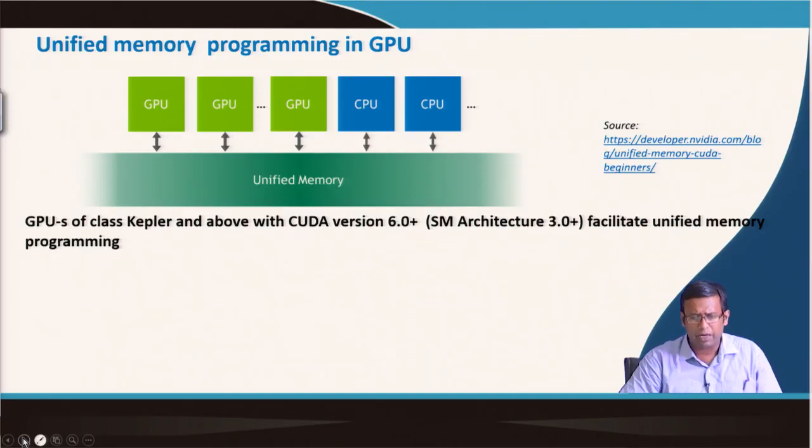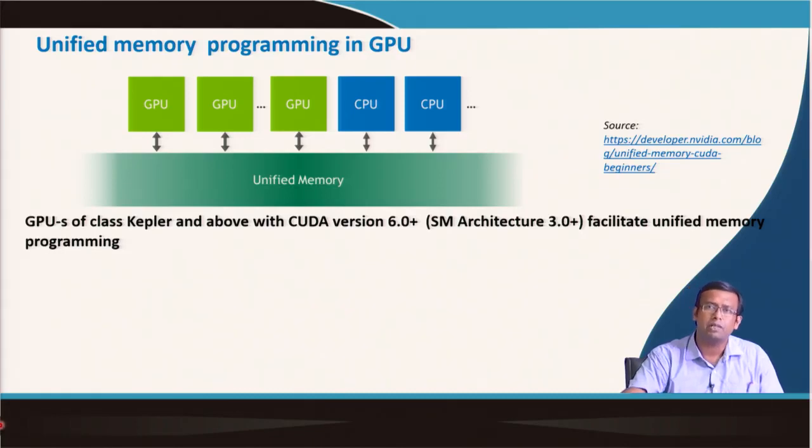GPUs of class Kepler and above, with CUDA version 6.0 plus, or compute capability or SM architecture 3.0 plus, facilitate unified memory programming. Programming becomes simple here because it is the same set of memory which both CPU and GPU are visualizing.